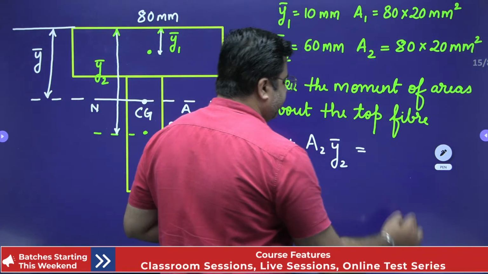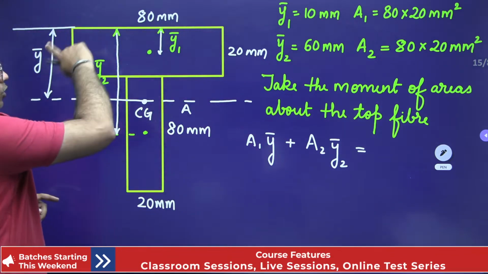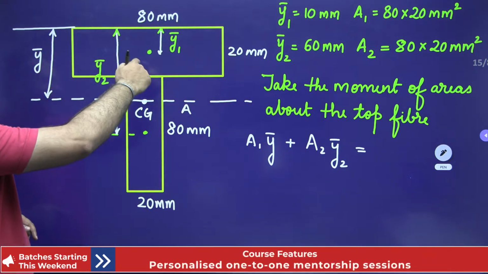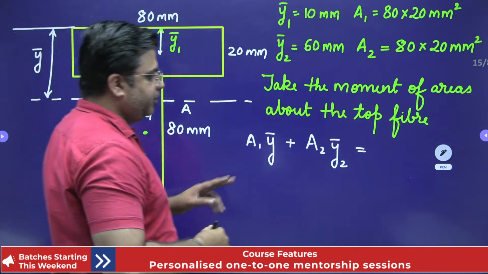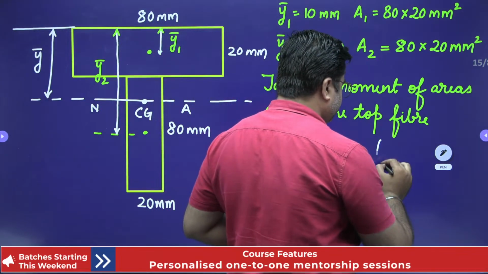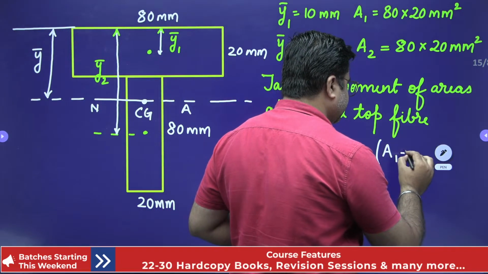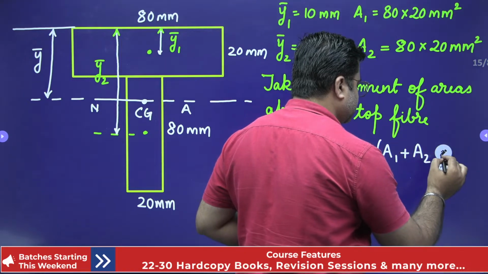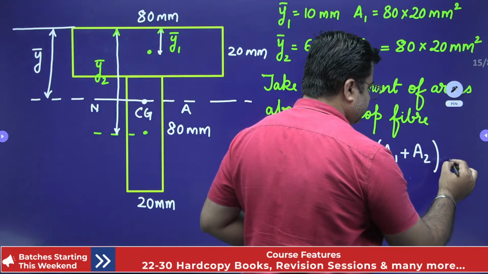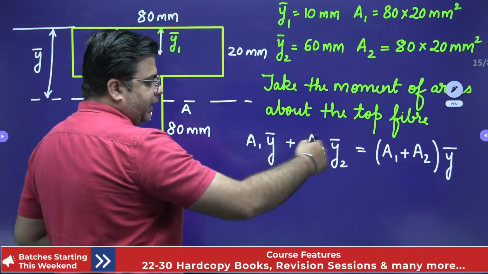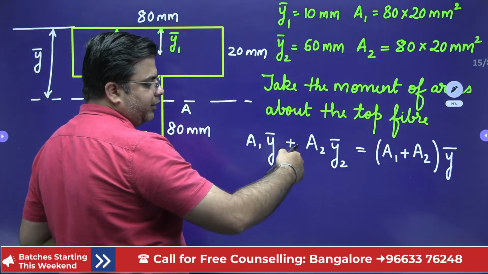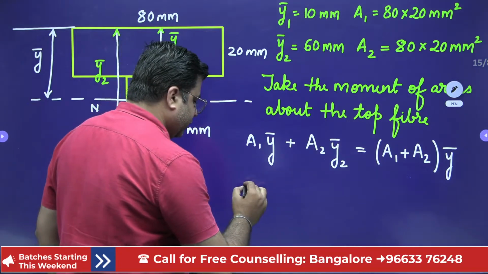This should be equal to the total area of cross section, A1 plus A2, multiplied by Y bar. If you need to calculate the value of Y bar, just substitute all the values of A1 and A2.